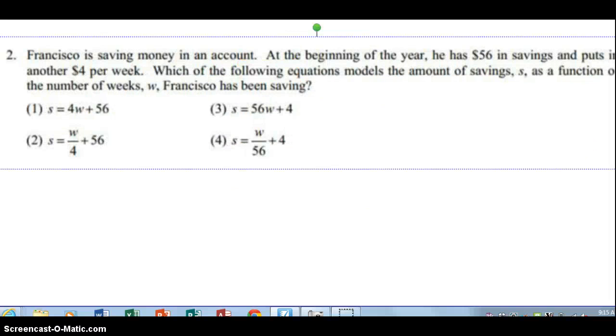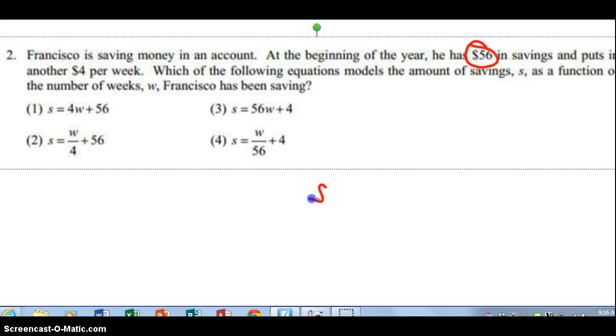Question number 2 says, Francisco is saving money in an account. At the beginning of the year, he has $56 in his savings account, and he puts in $4 per week. Which of the following equations models the amount of savings, S, as a function of the number of weeks, W, Francisco's saving?